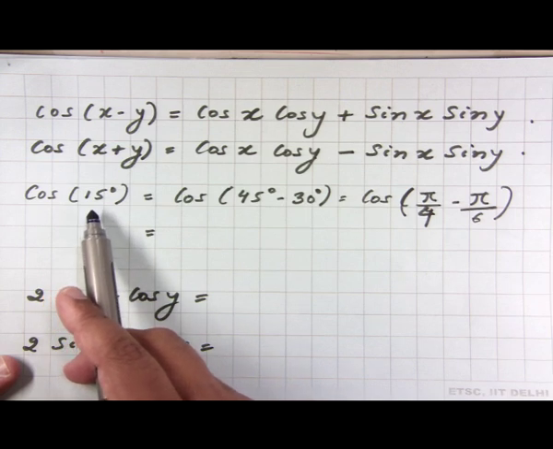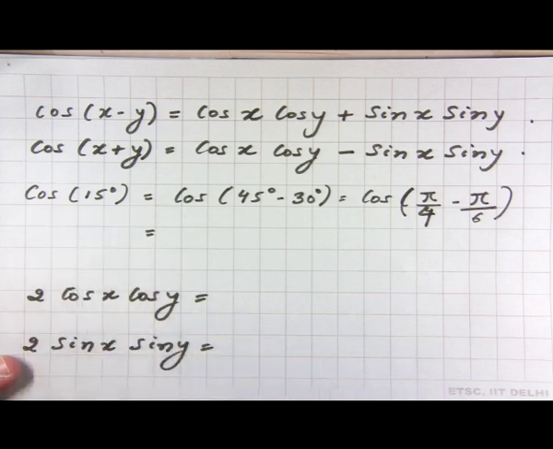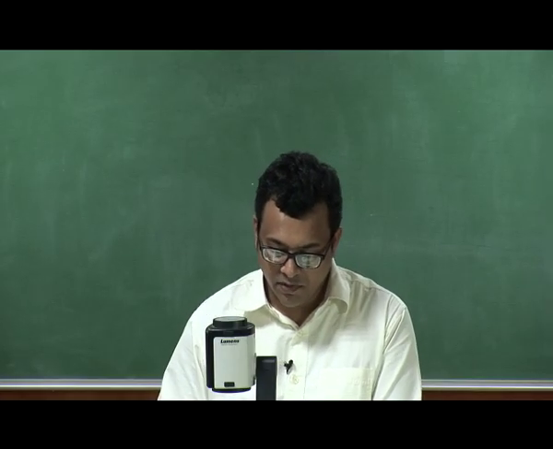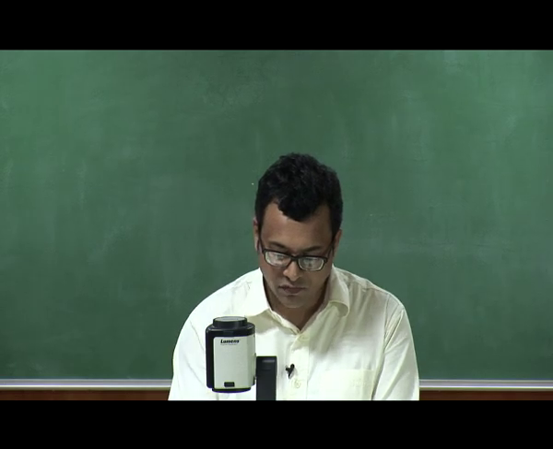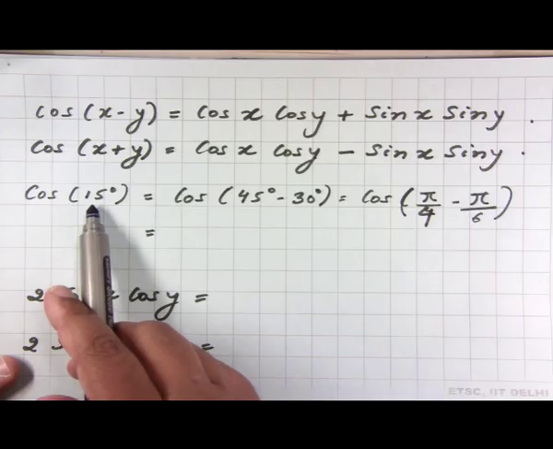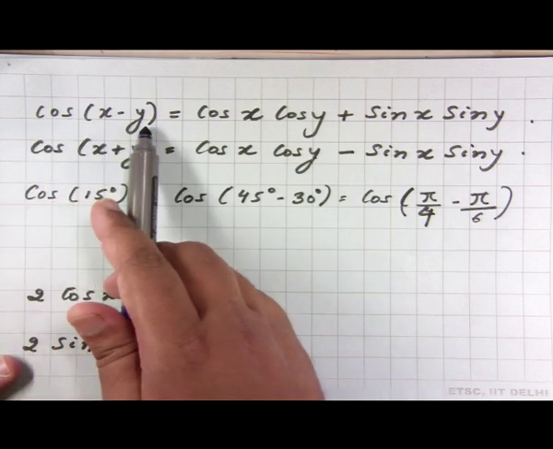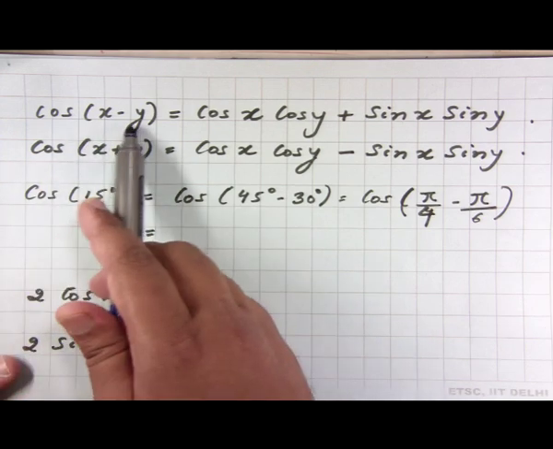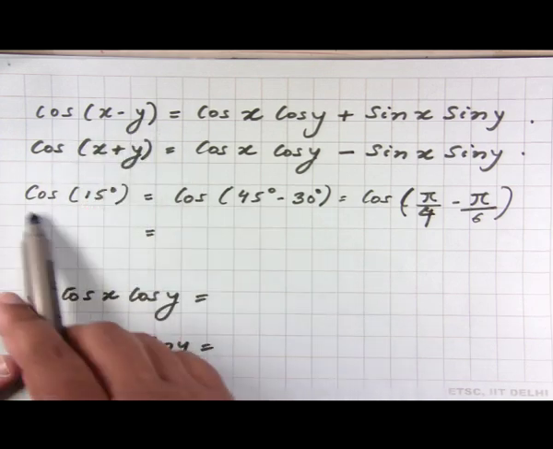For example, we already know the cosine and sine for 45 degrees and 30 degrees. So, that can be used to find the cosine of 15 degrees by using this formula and having x equal to 45 degrees and y equal to 30 degrees. So, that is written here.